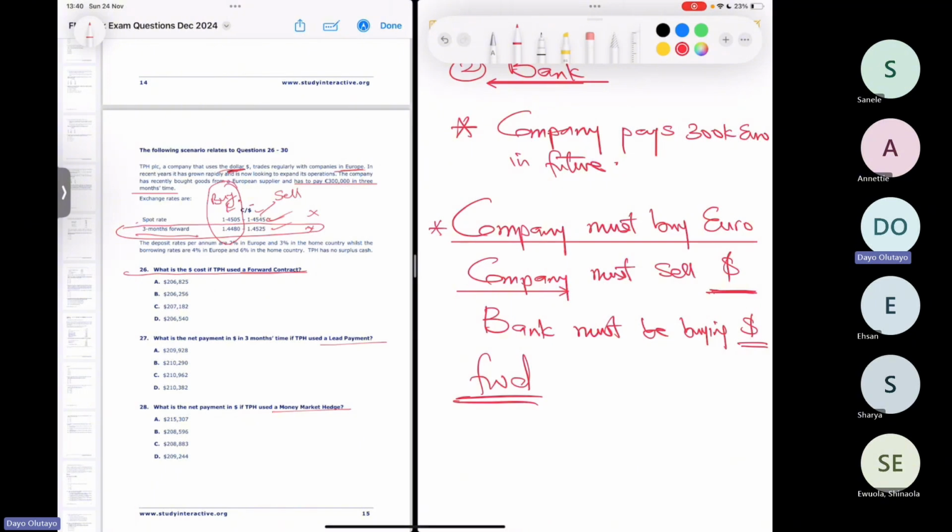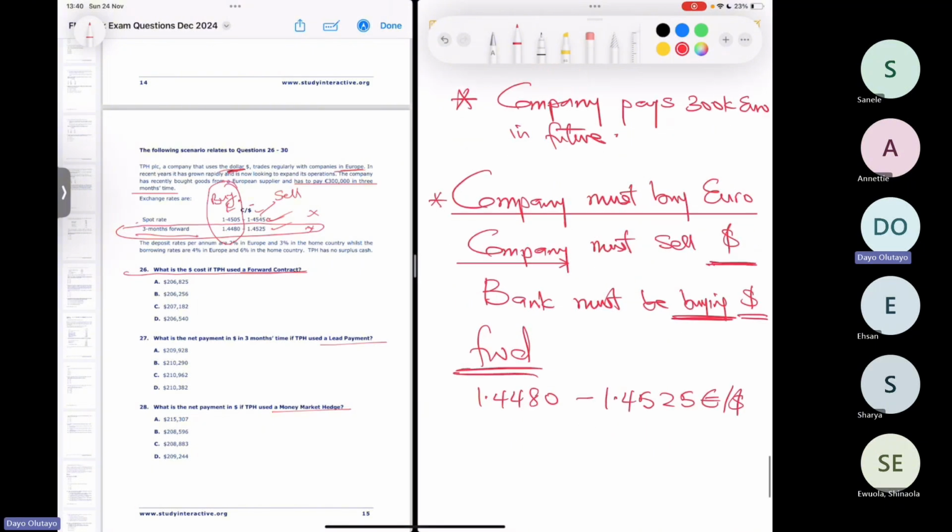And the forward quote is 1.4480 to 1.4525 euros slash dollars. But we are using buy rate. It means this is the rate that we will use because this is the buy rate. The first one is usually the buy rate. So that's what we have to use.